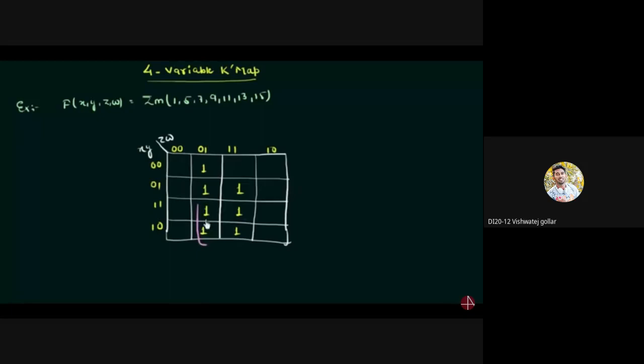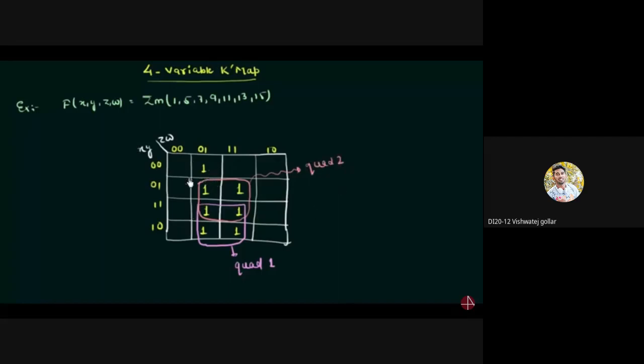I can make a group of these 4 ones, and we will name it quad 1. Similarly, I can again make a group of these 4 ones, because you have to make the largest groups, and we will name it quad 2.